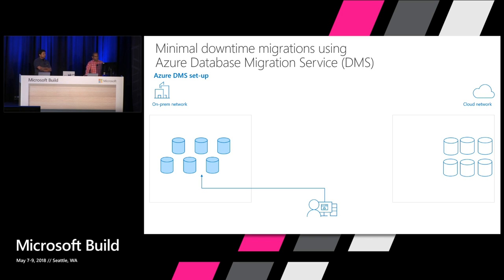We know that at this point you have the VPN and ExpressRoute connectivity between the on-premises network and the cloud network, so connectivity was taken care of. Then you found out there is an Azure Database Migration Service that will help you do the minimal downtime migration. We set up everything. We saw how to set up the service. So now we are ready to do the migration.